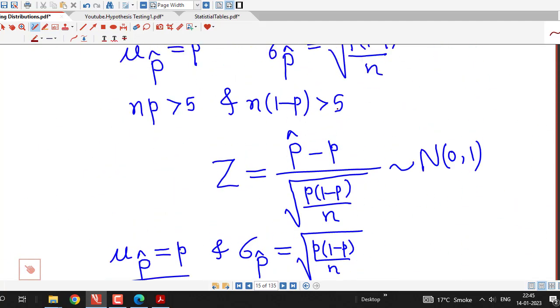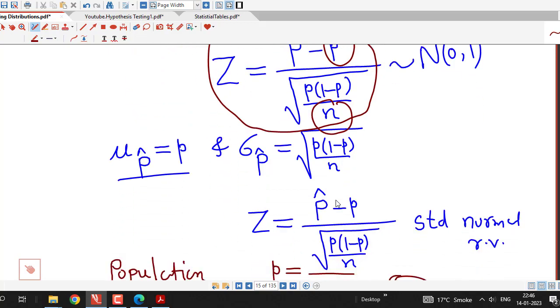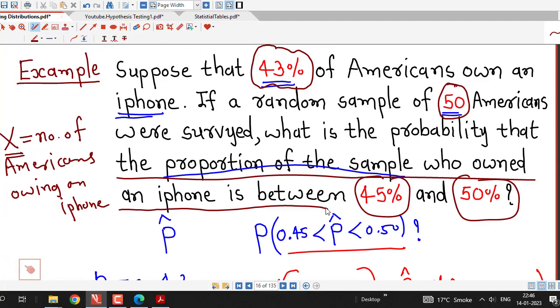That is, you must be familiar with this formula. We must be familiar that this Z is a standard normal random variable if these two conditions are satisfied, where p hat is sample proportion, small p is population proportion, and small n is the number of observations in the sample.